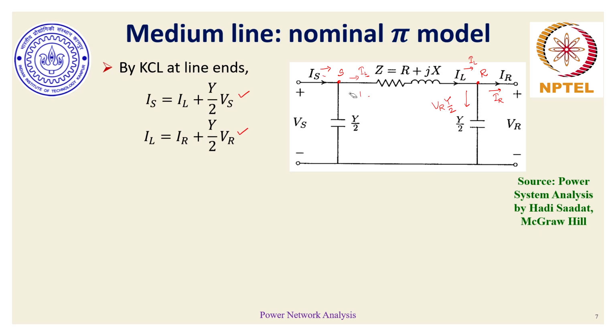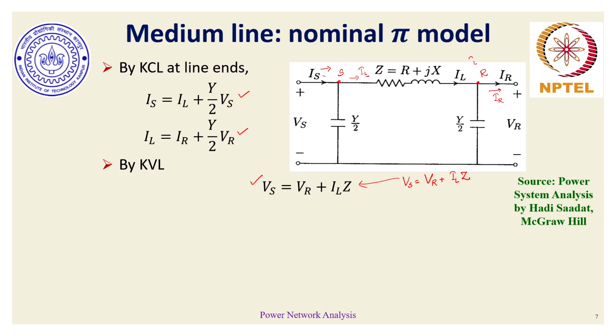Also, along the S and R nodes, we can apply KVL, and by KVL we get Vs is equal to VR plus IL times Z. That's the relationship mentioned here. So this is our third defining equation. We have all our equations in place.